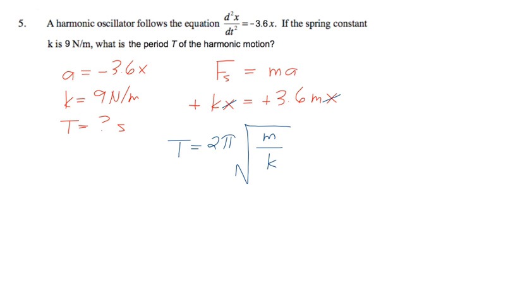So I'm going to write that as 2 pi square root, and I'm going to write m up here, but I'm going to replace the k with 3.6 m. So if I replace that with 3.6 m, now the m's cancel out. So I didn't even need to know what the value of k was to solve this.